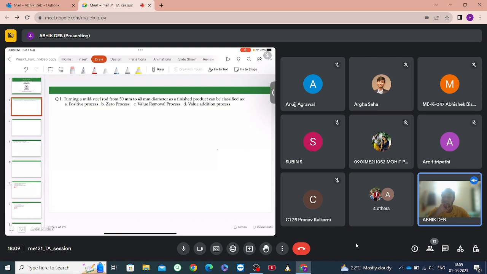Most of the problems that we'll be discussing today will be theoretical problems, because this is just an introduction to the manufacturing process, and with time, if and when there is some formula or some numerical problem being discussed in the theory class as well, we will try to solve those as well.